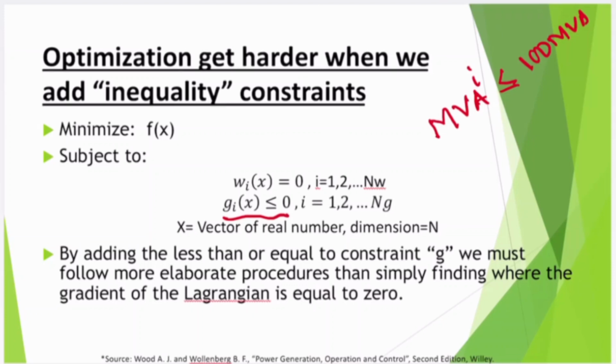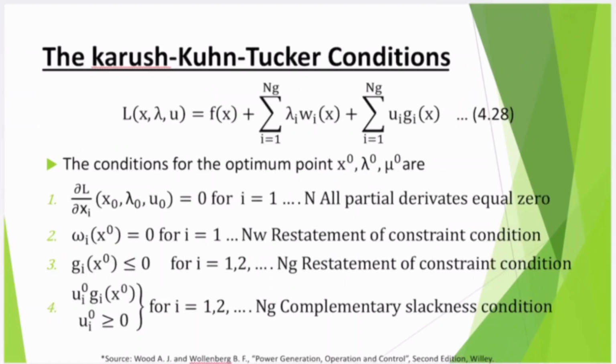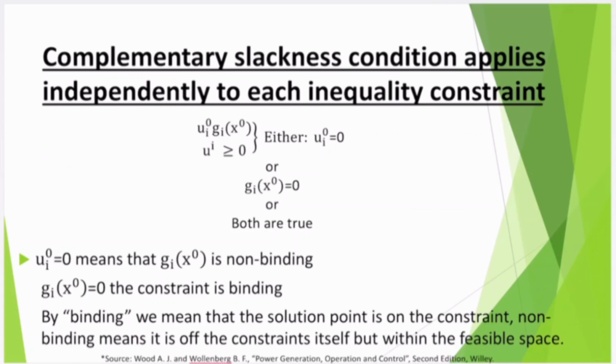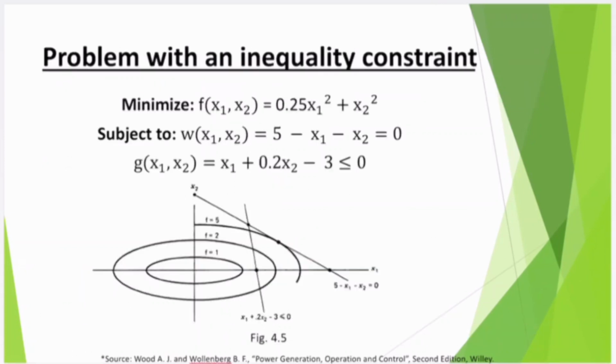So then we talk about Kuhn-Tucker conditions, and then there are different applications of those constraints. And this is how the problem looks when we talk about inequality. You could see that this is my objective function, and there is an equality constraint as well as an inequality constraint.